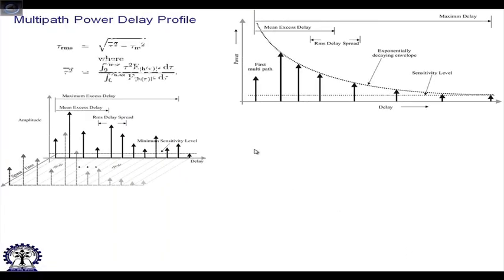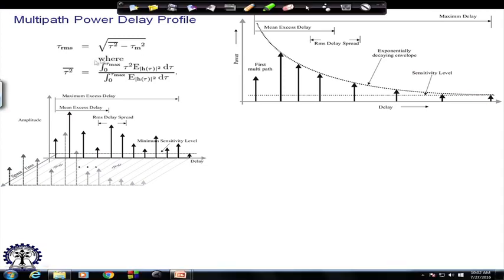This multipath profile we have already described, and the RMS delay spread would be described in terms of the square root of tau squared bar minus tau m squared. I will describe what tau m is. Tau m is basically tau bar.